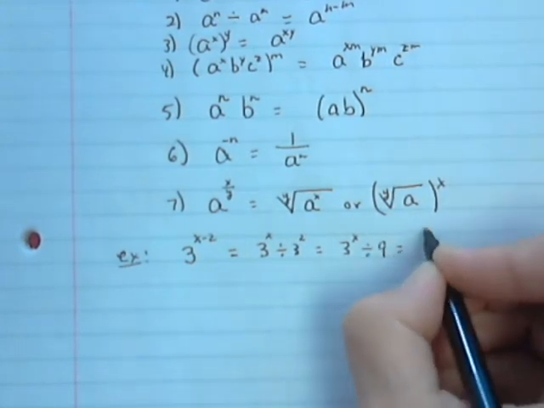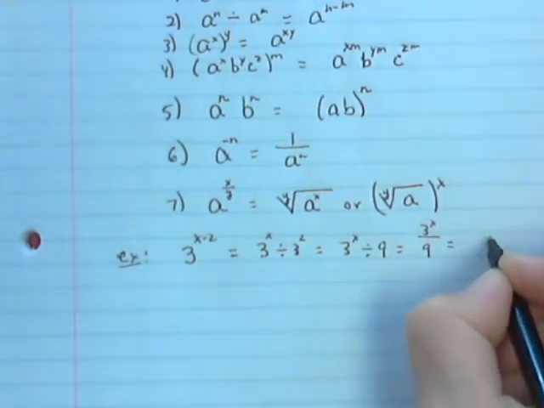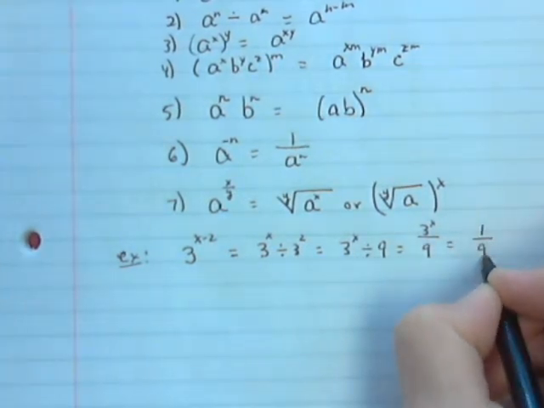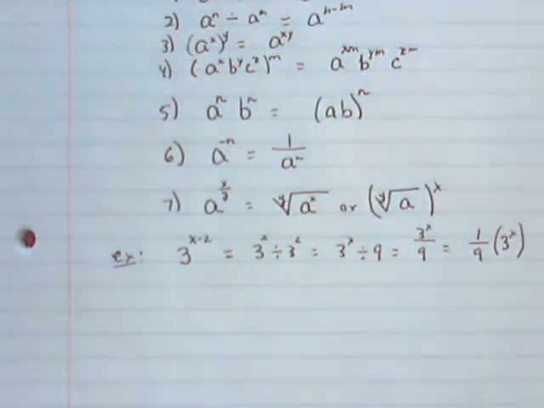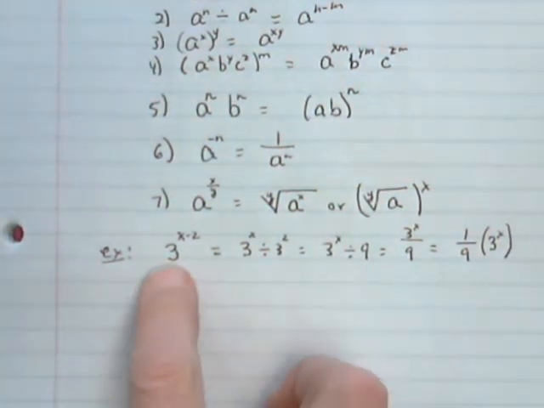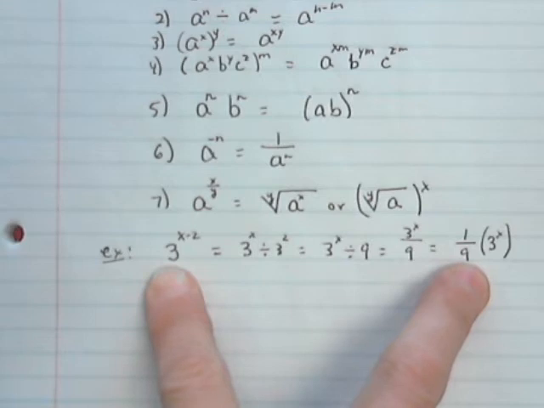You can rewrite that as 3 to the x all over 9, which is the same thing as 1/9 times 3 to the x. So if you look at this expression, 3 to the x minus 2, you should be able to come up with an equivalent expression of 1/9 times 3 to the x.